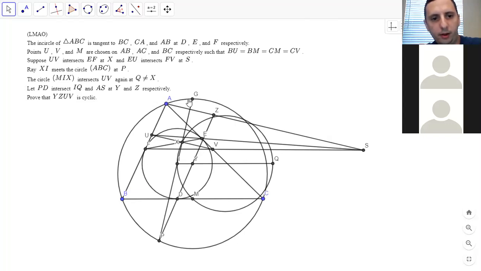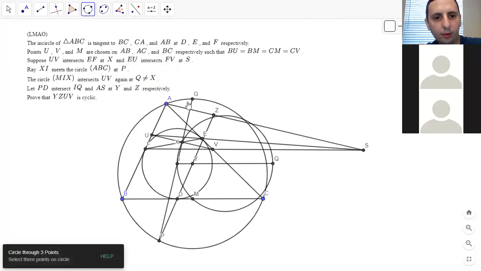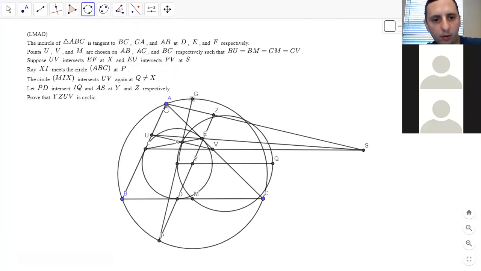So do we know that A, G, U, I, and V are cyclic? I guess I'm just trying to remember what we proved and what we still have to prove. We first proved that AGVU is cyclic from spiral similarity.